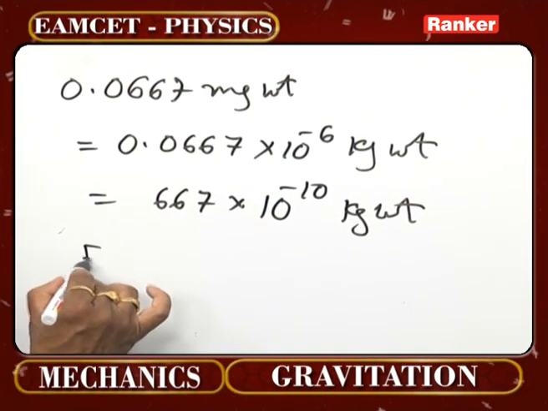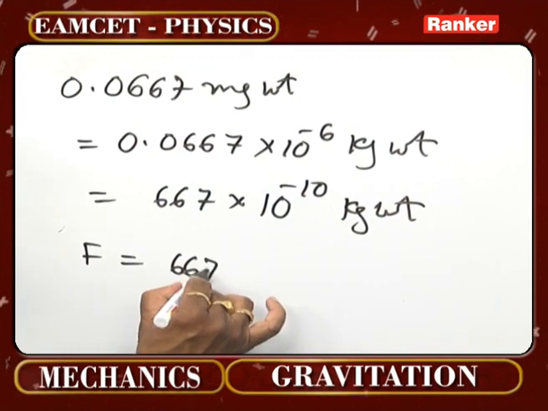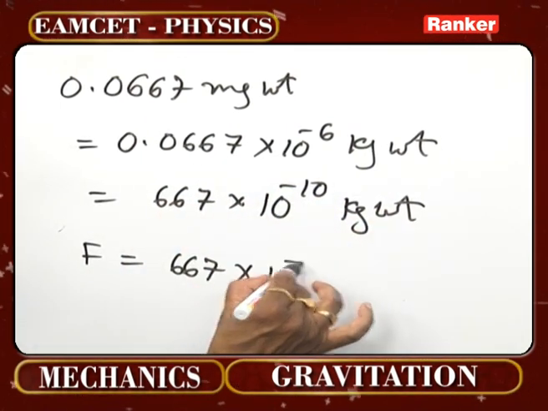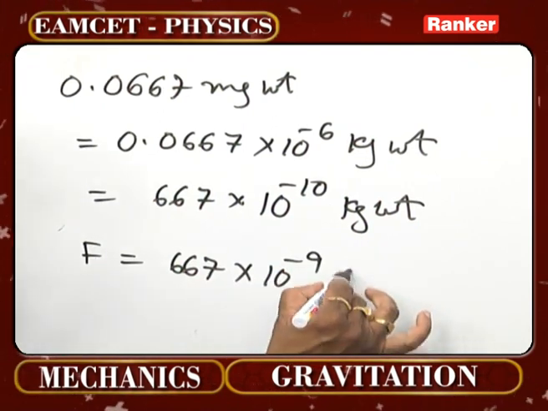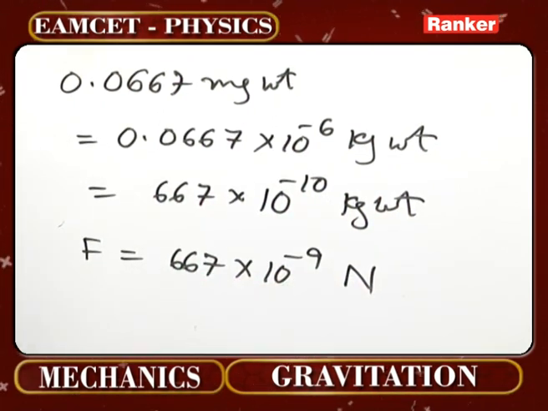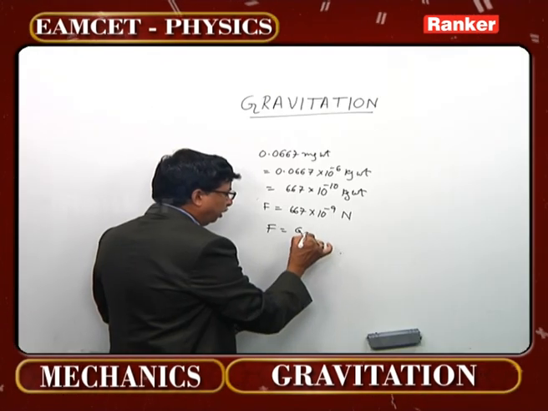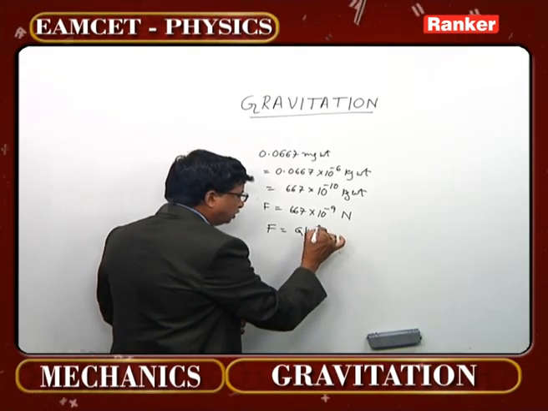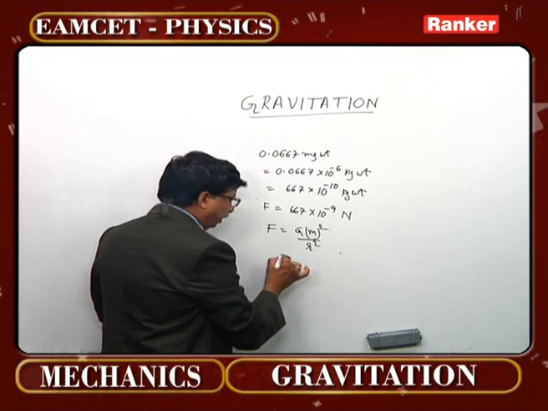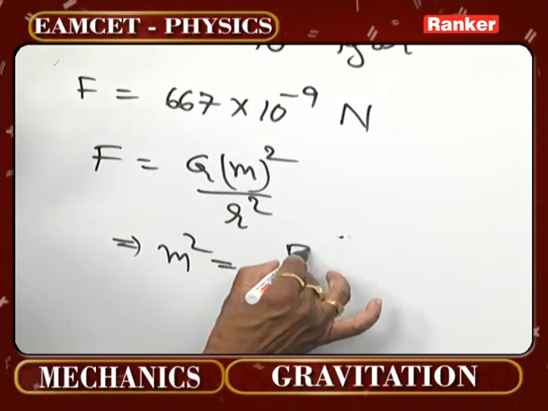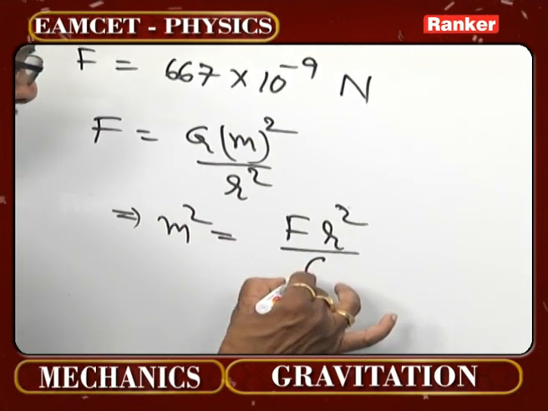Therefore, what will be the force here now? 667 into 10 to the power minus 10 into 10, that is 10 power minus 9 Newton. This is the given force. So writing the formula, G m1 m2, that means m square by r square. I just want the value of m square here. That is F r square by G.